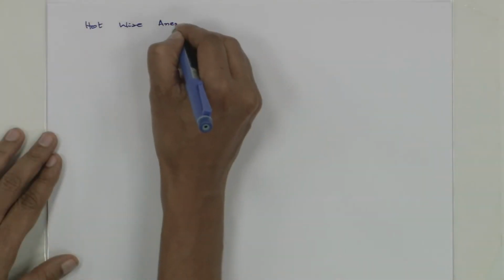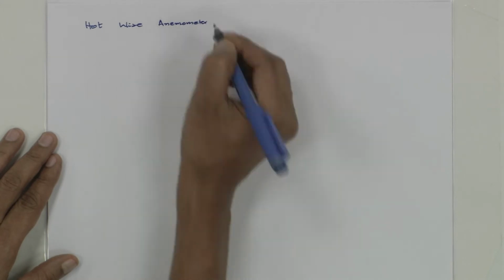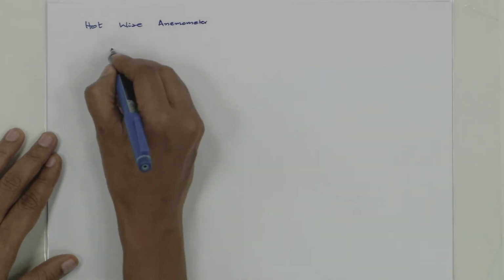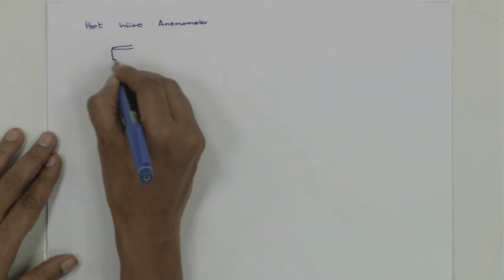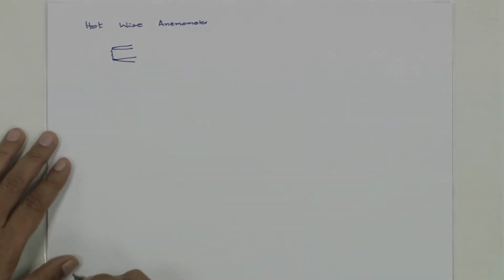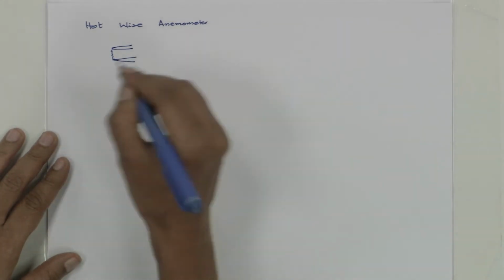But on the other hand, if you use a hot wire anemometer. What is a hot wire anemometer? It is a small wire held between two prongs. How small is this diameter?